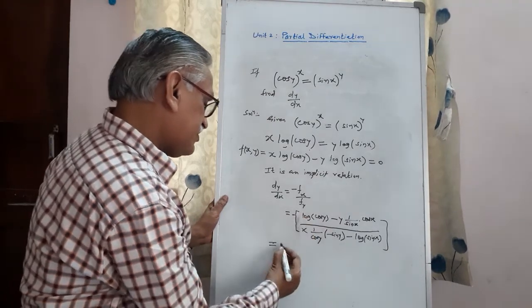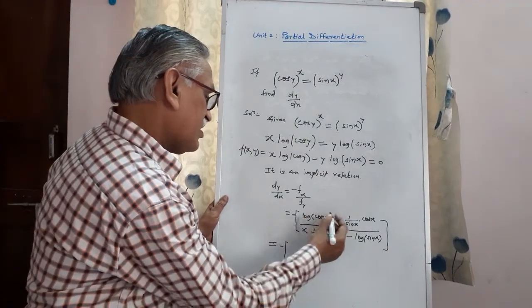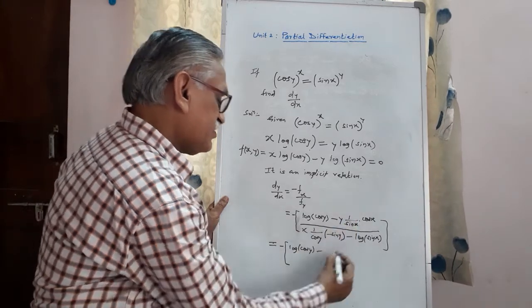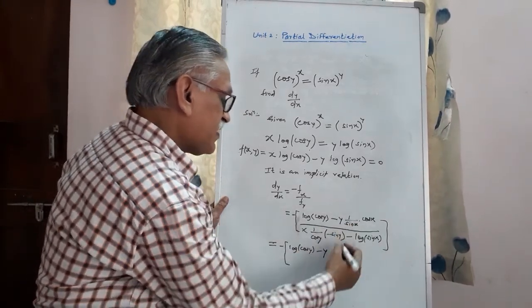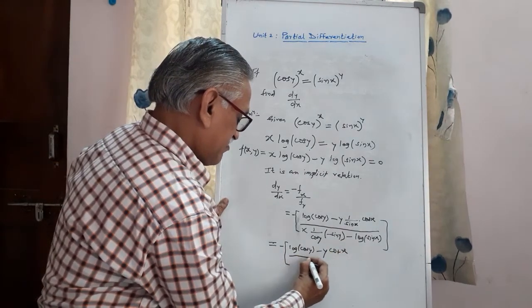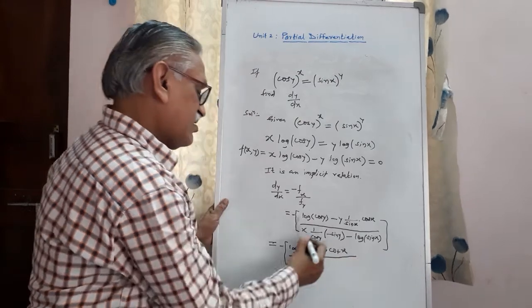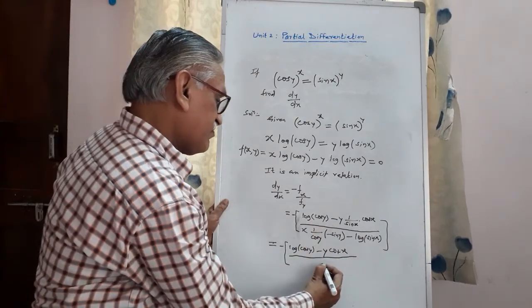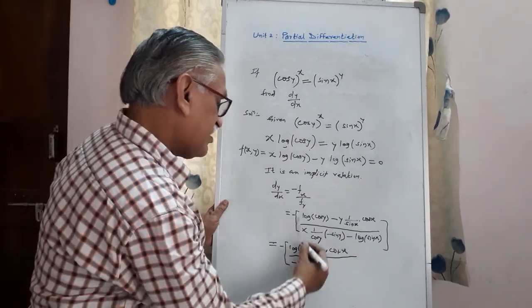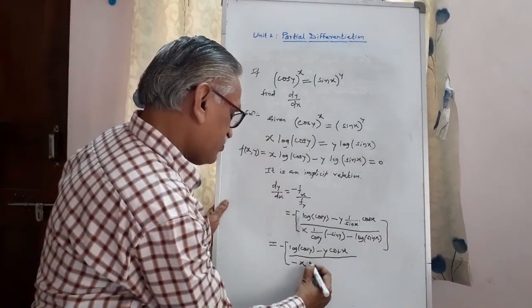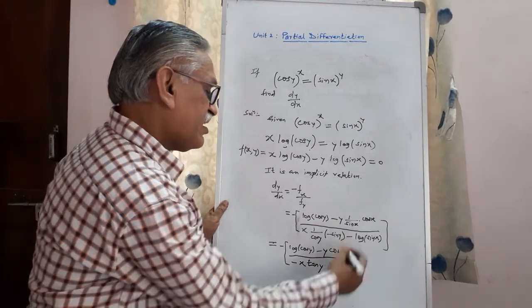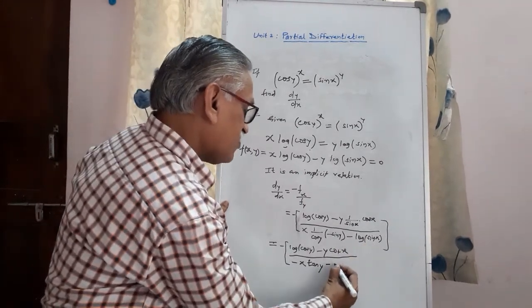Therefore, we get minus log of cos y minus y, cos by sine we get cot x. This one is minus x, sin by cos, we get tan y, and minus log of sin x.